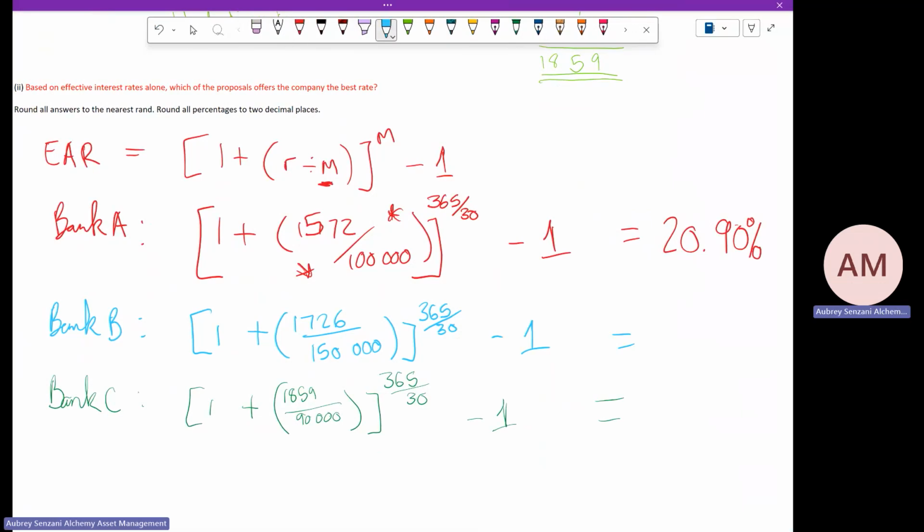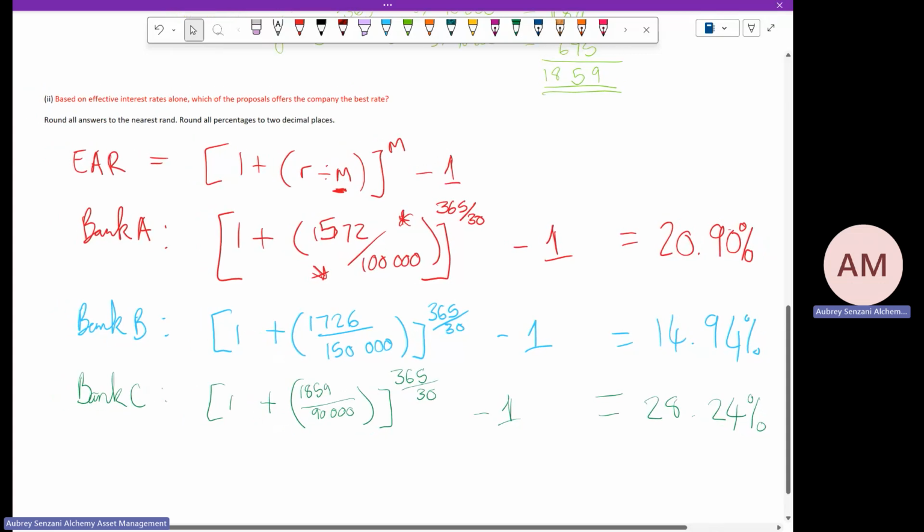What are we getting for the second one? You can definitely do that. You're basically looking for the annual. Using your calculator.